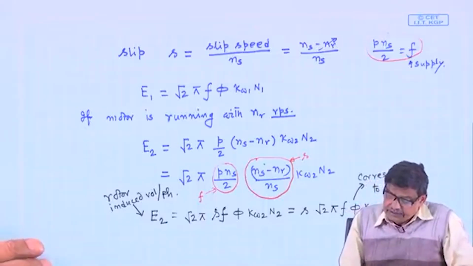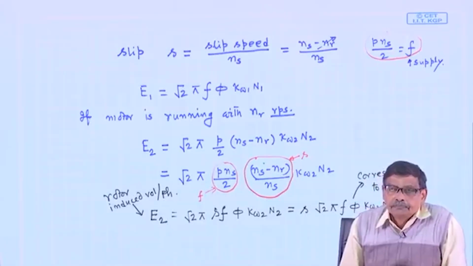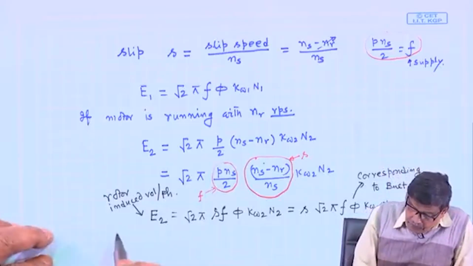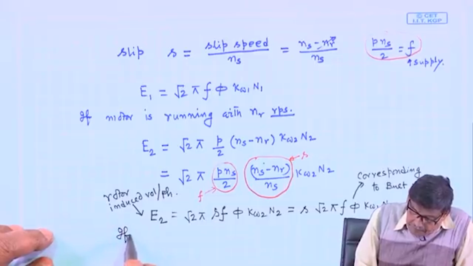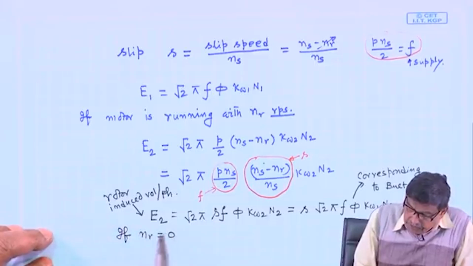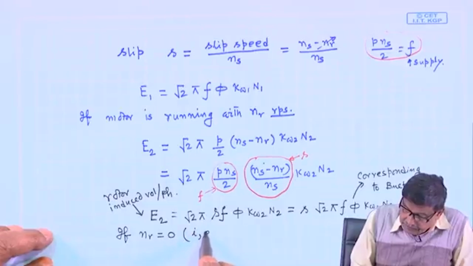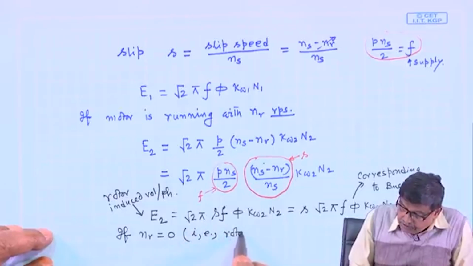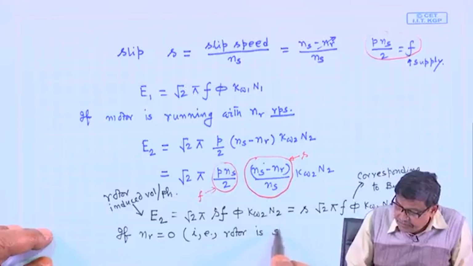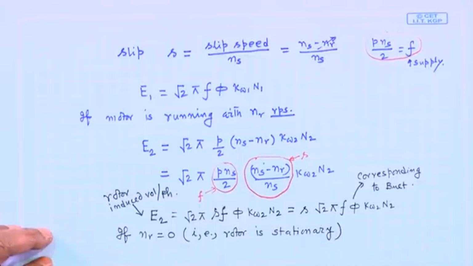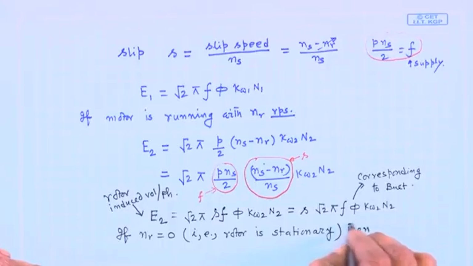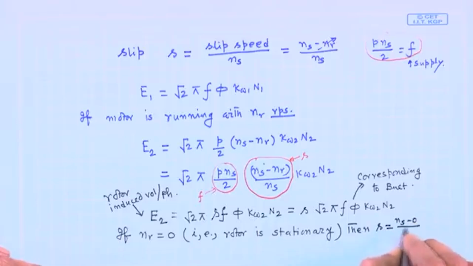A special case is when the rotor is stationary. If Nr equal to 0, that is the rotor is stationary condition, then S equals (Ns minus 0) by Ns, which is obviously equal to 1.